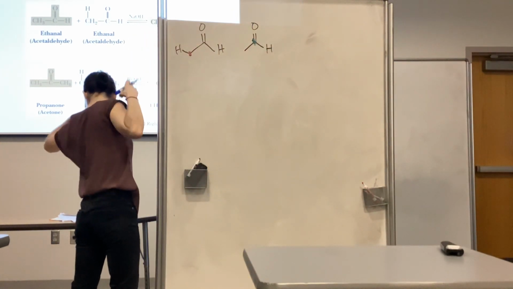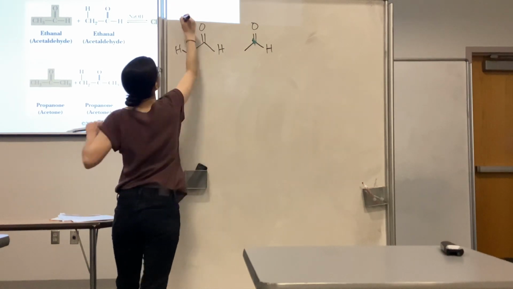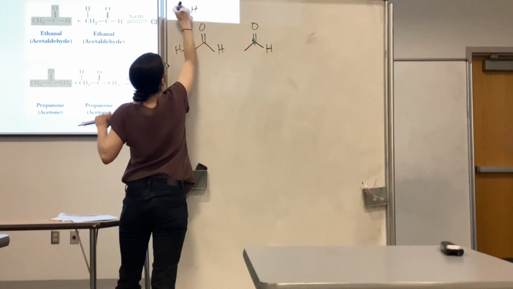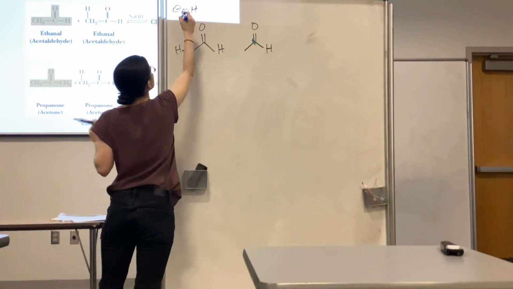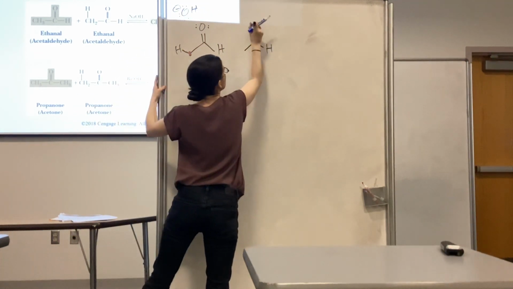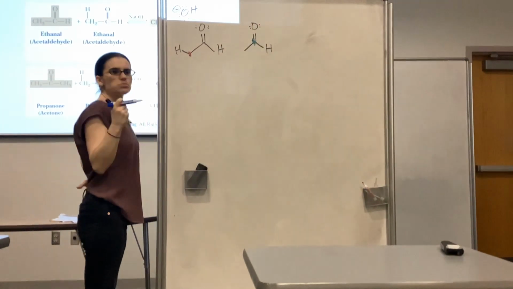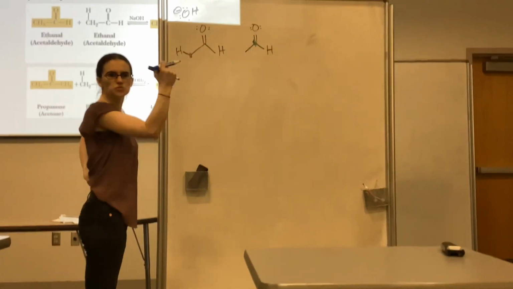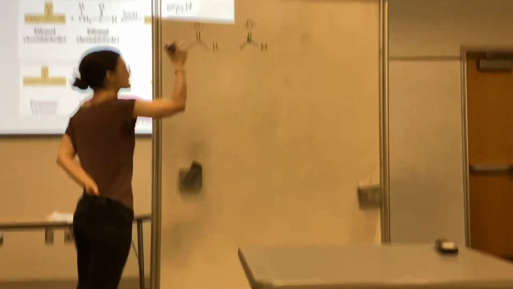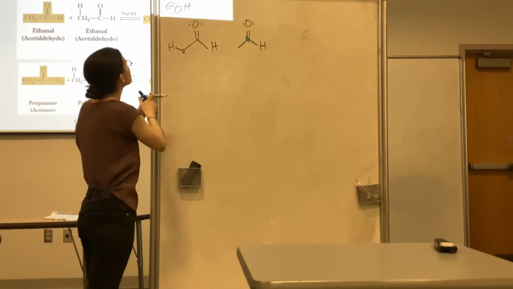Let's take base, and I'm going to start drawing lone pairs because they help remind us how many electrons are already around things and where we can move things when we do resonance.